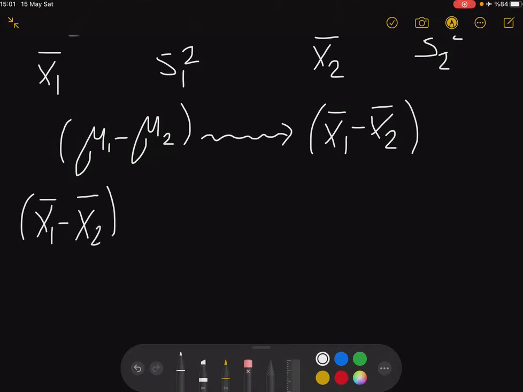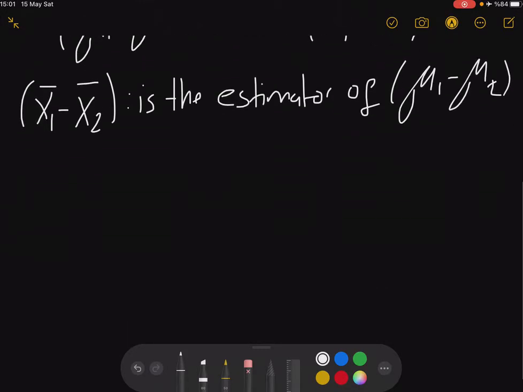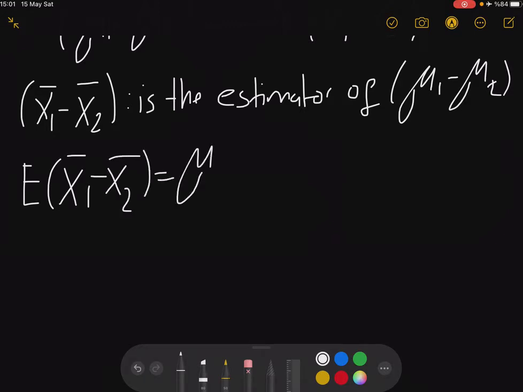So this is the estimator of μ1 minus μ2. It comes from the definition. All right. So the expected value of this is μ1 minus μ2.